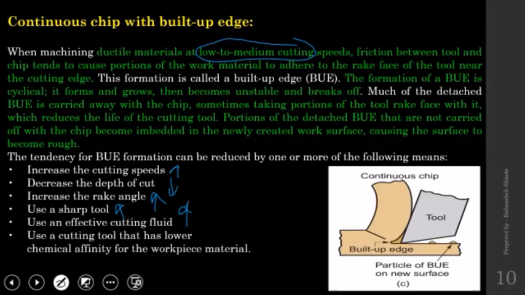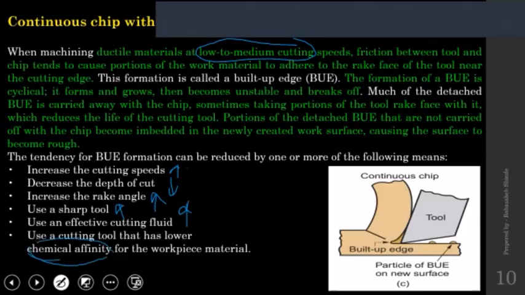Additionally, you can go for a cutting tool which has less chemical affinity with the workpiece, because one of the reasons for formation of this is usually when the temperature of the cutting tool as well as the workpiece increases.